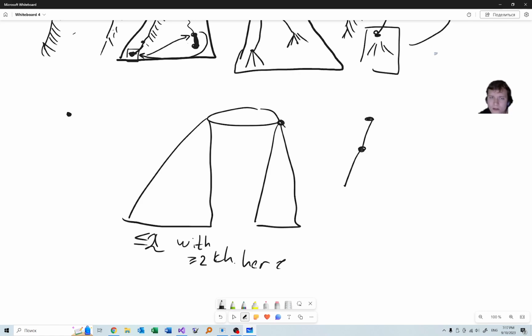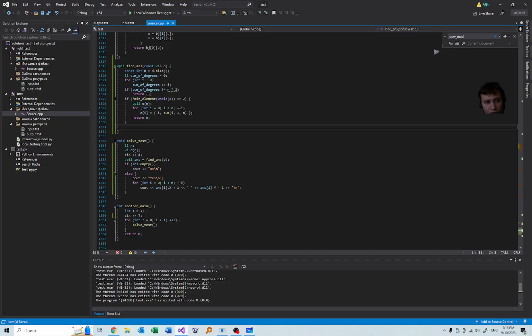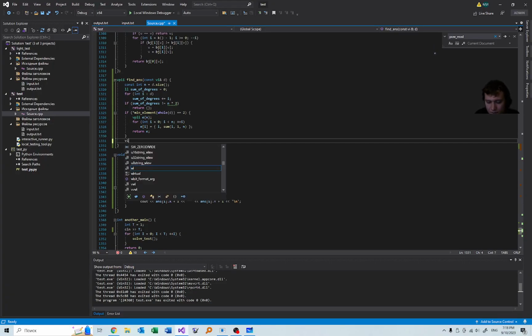So all these vertices should be at least two, at least three even. Now, so we subtract 2 from them, and from everything else we subtract 1. Let's make something like a pool of all leaves.